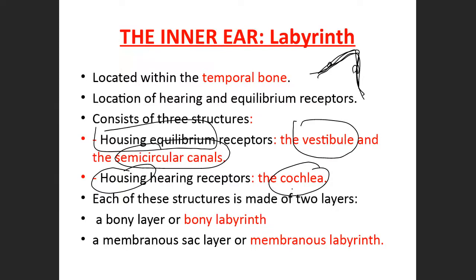All of these structures are made of bone, and inside that bony structure there is a space into which the same structure made of membranes is housed. That's why they talk about the bony labyrinth and the membranous labyrinth.